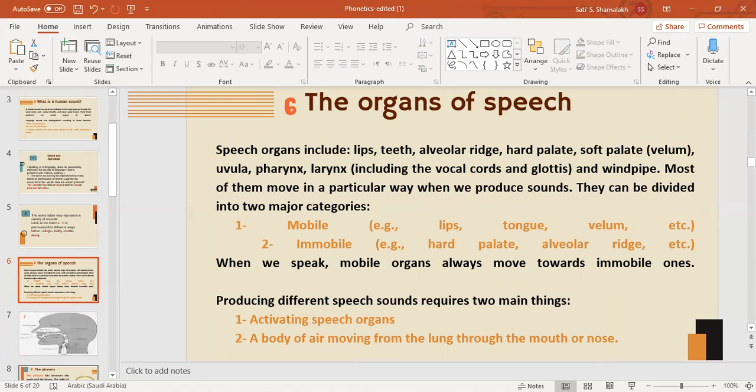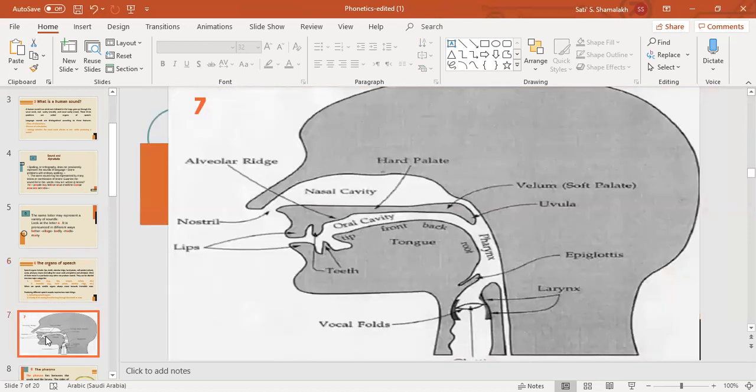We use our mouth, our tongue, our nose, our vocal cords. We let air pass in these organs to produce language. So we want to recognize the organs of speech. Okay, first I want you to see a picture, before reading the slide. Here are the organs of speech.